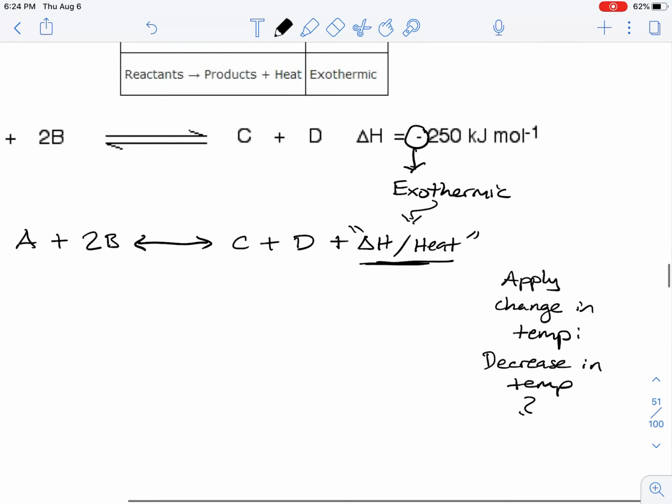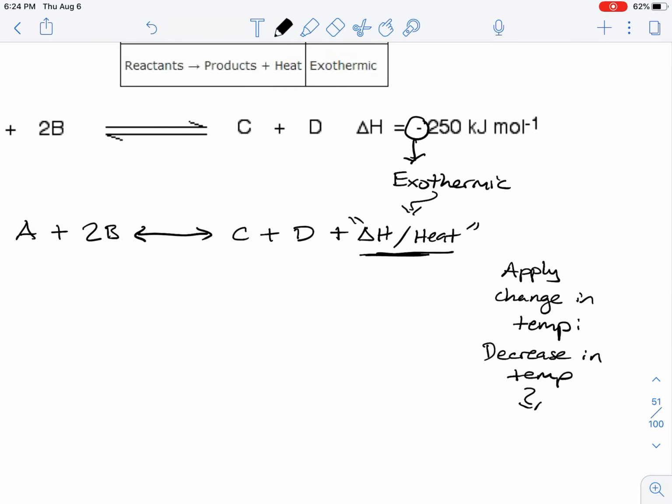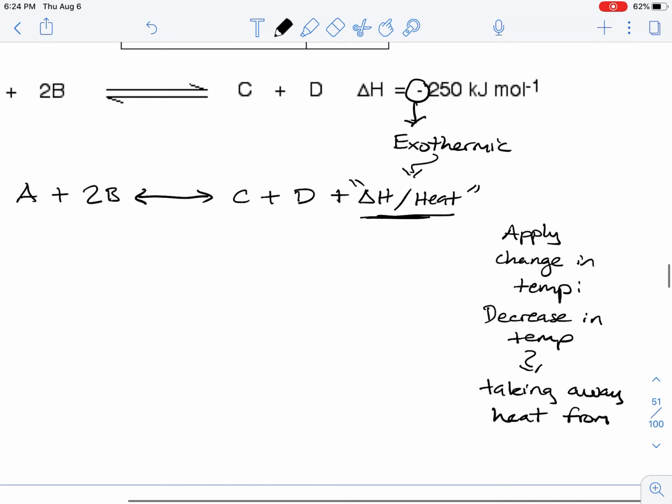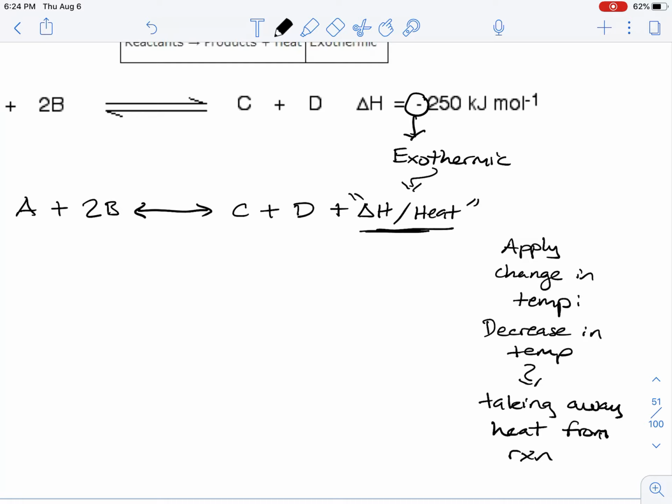And so if there's a decrease in temperature, then that's telling us that we're taking away heat from the chemical reaction. Okay. And so what we're doing is essentially decreasing the concentration. I'm putting concentration in quotes because we're treating heat as if it was a product.